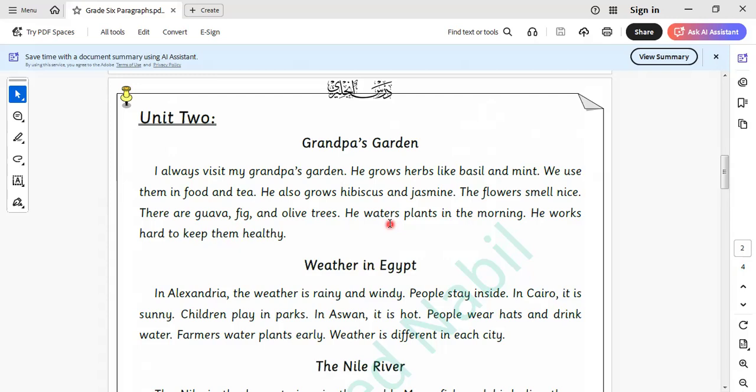When we put water on the plants, we say waters the plants. We also say plant crops. We use plant as a verb when we say plant crops. So we use water and plant as a verb and a noun. You must know this. He waters plants in the morning. He works hard to keep them healthy.